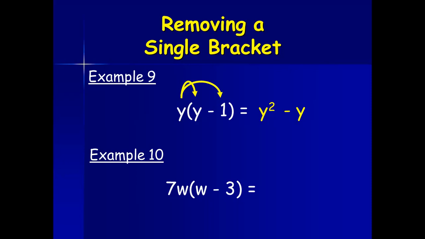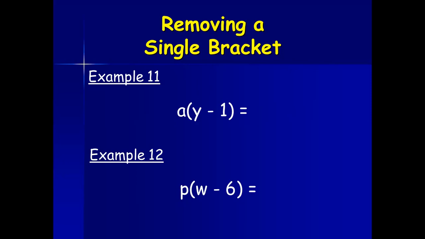Okay, 7w multiply w minus 3, and multiply 7w by w, and that will be 7w squared. 7w multiply negative 3, that's negative 21w. So I multiply the numbers with the numbers, letters with the letters. If I don't have letters, I just put the letter that I have.